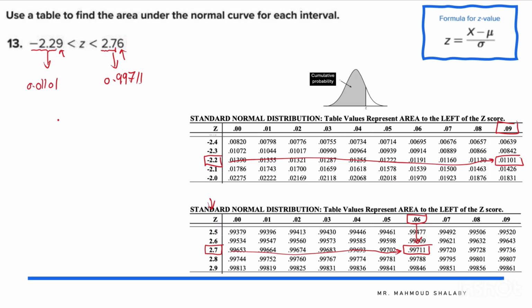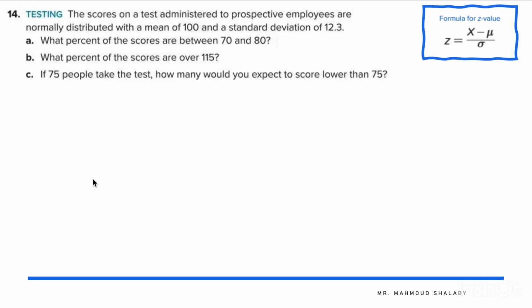Now what I will do in this case, I will subtract both, starting from the end: 0.99711 minus 0.01101. So let me do this very quickly. The answer should be 0.9861, I think. You can check this with the calculator if you want, and this is how it works. So this is all for this part, Shabab. All right.